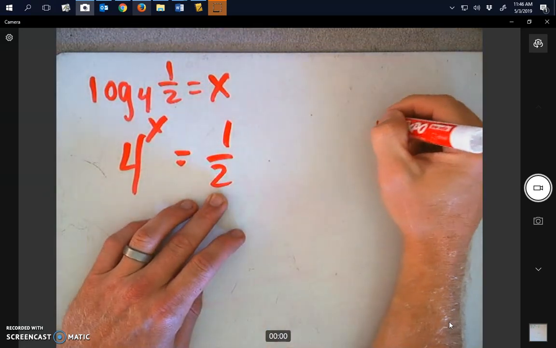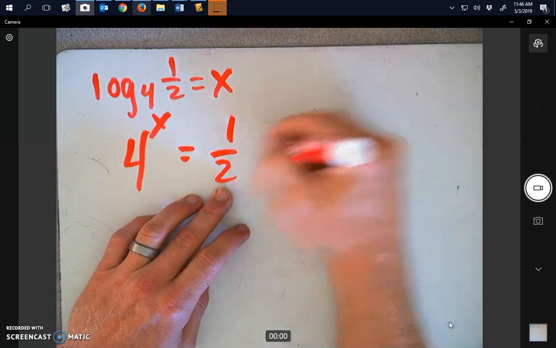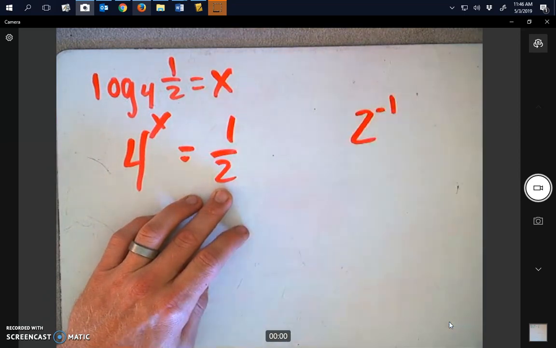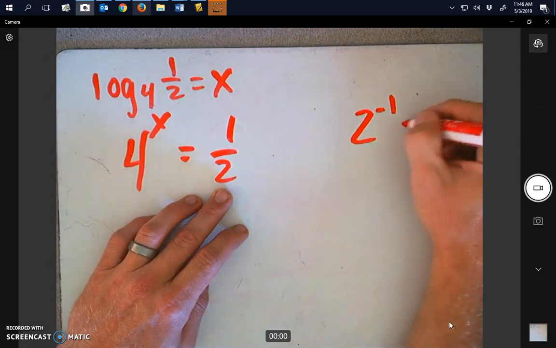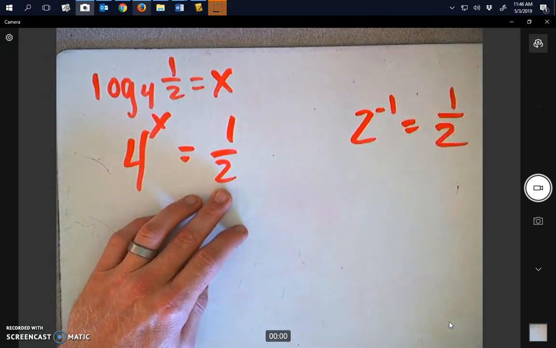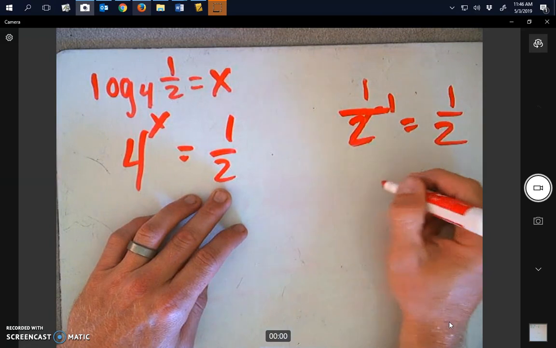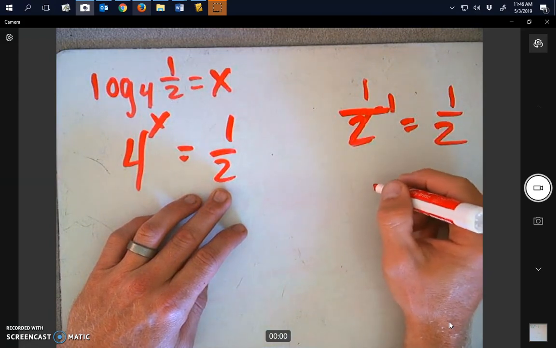If I rewrite 2 to the negative 1, what that becomes is 1/2. This negative sign basically becomes a line on the top, and you put a 1 on top. So anything to the negative power becomes a fraction.